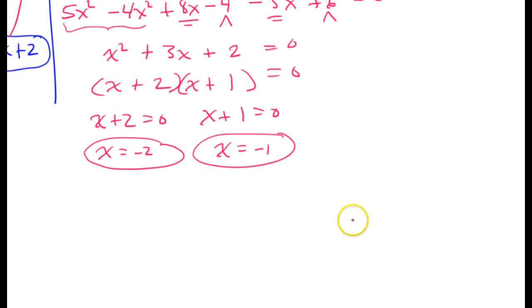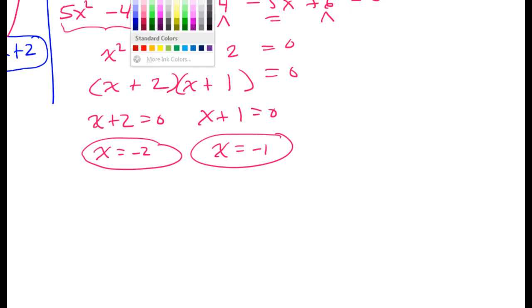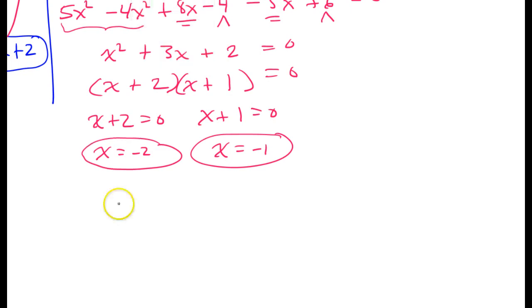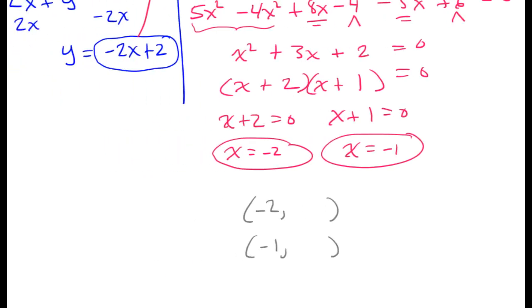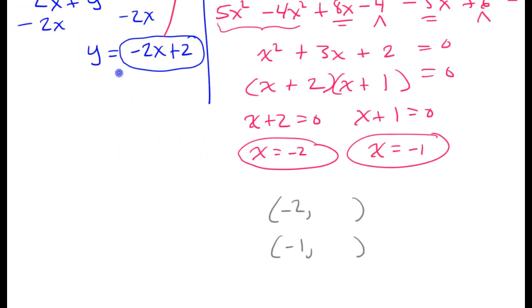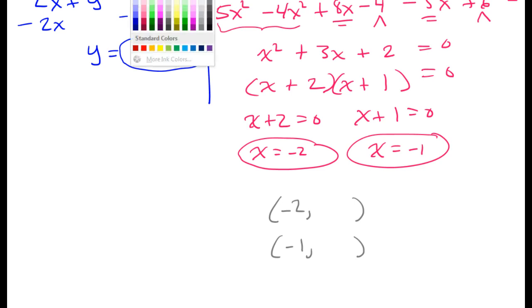So as I set up my solution set, here's what I have so far. Negative 2 comma something and negative 1 comma something. These are both x values. I need the y values that go with them. How will I get those y values? Oh, look! There's a y value machine right there. Let's use it.